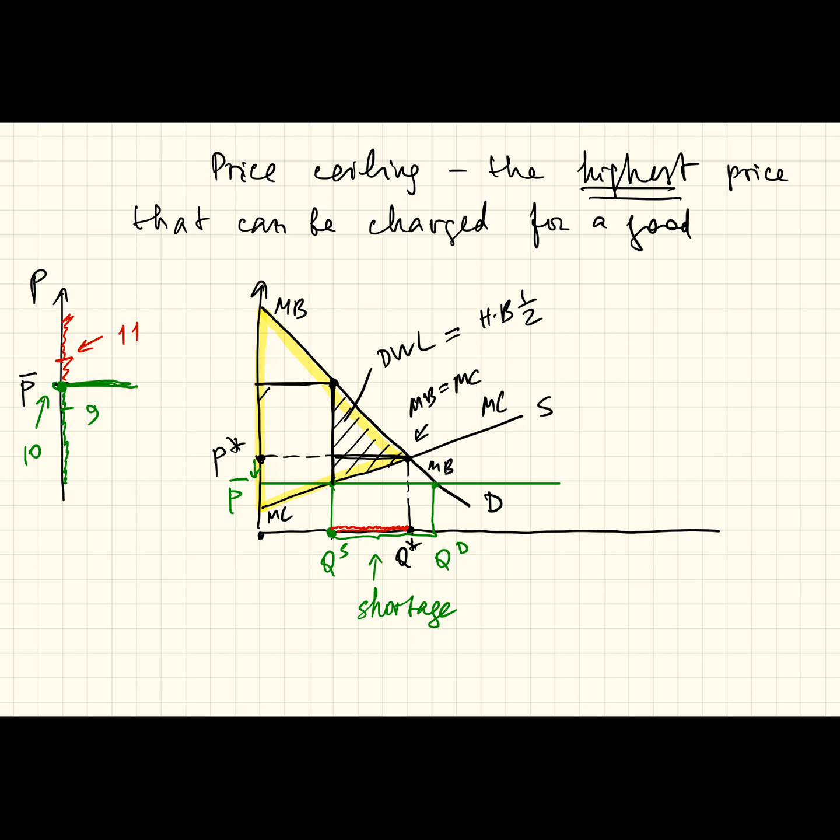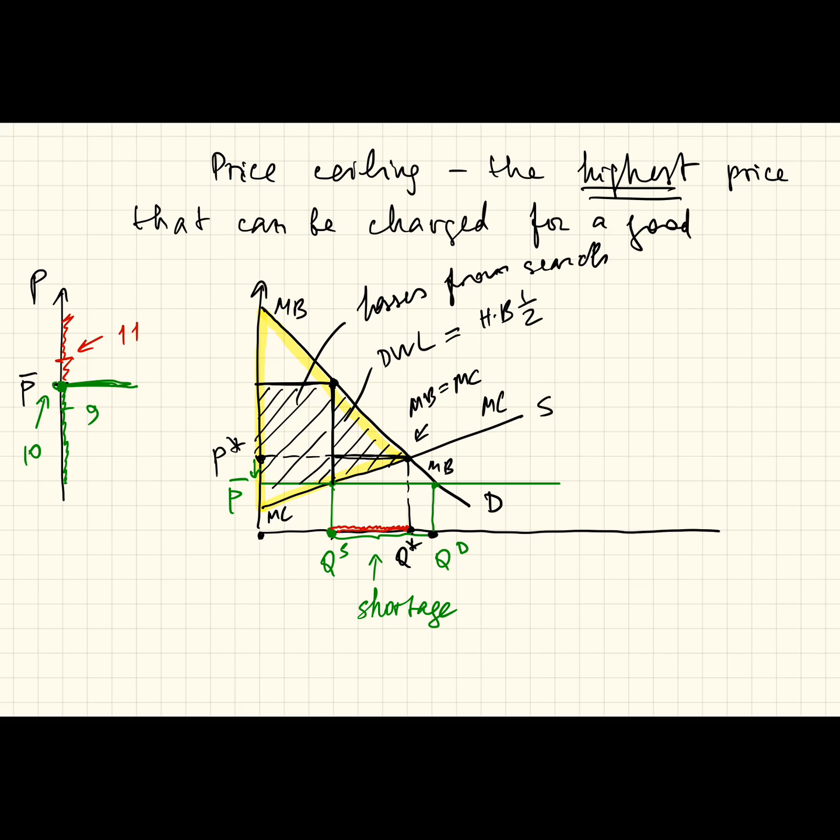You have your rectangle which shows losses from search activity. The search occurs because we have this chronic shortage, so some people constantly would be looking for this good, because if you get lucky and find it, then you actually get some surplus.